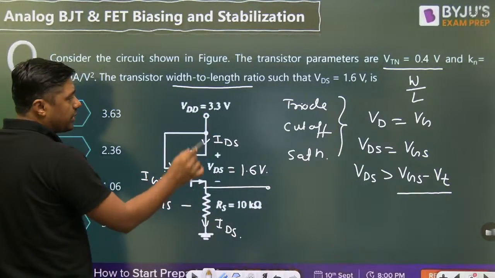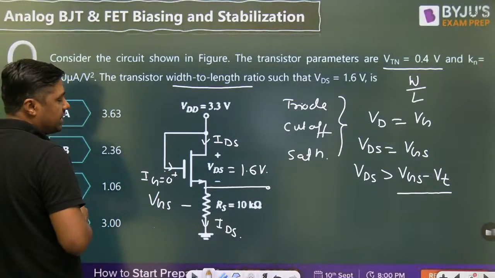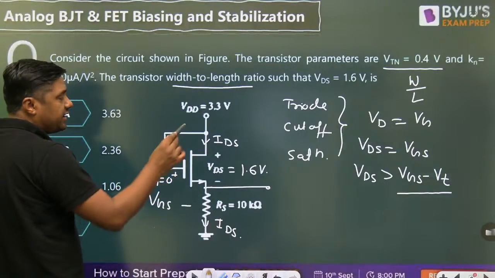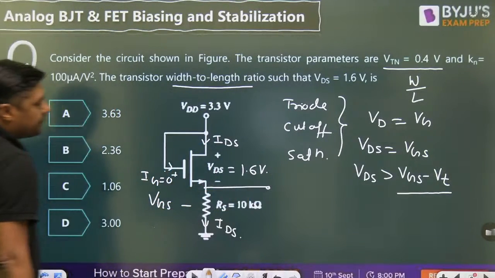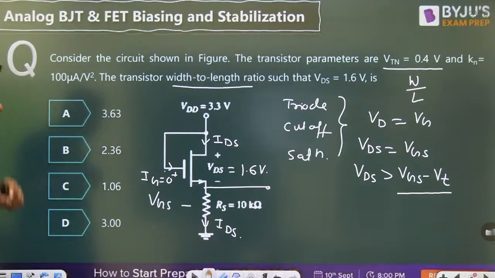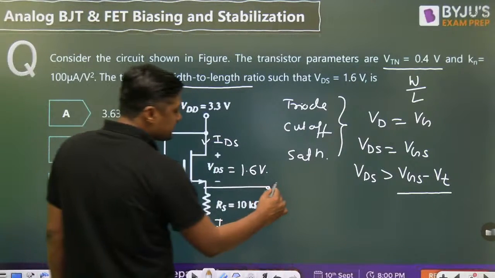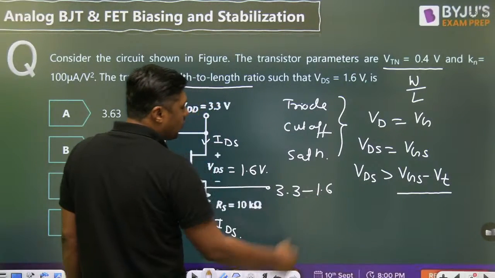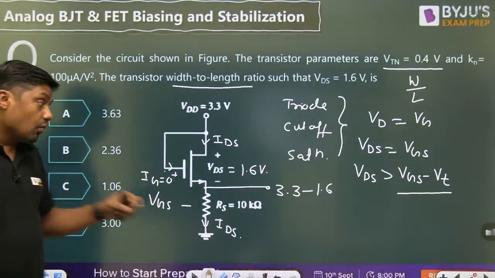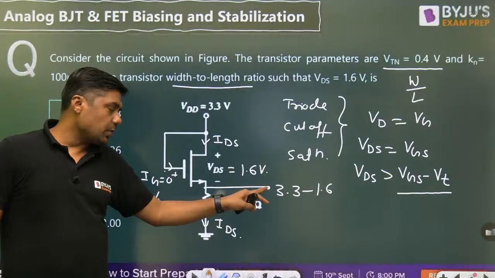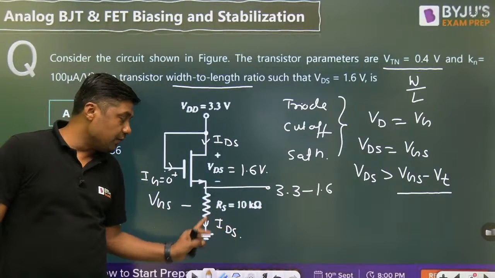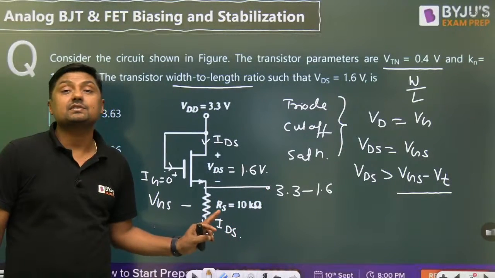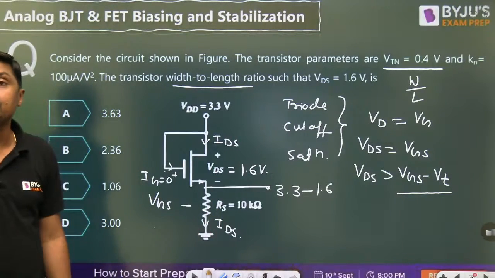VDD is given as 3.3, so 3.3 minus 1.6 is 1.7 volt. Divided by 10, it will give you the value of IDS.